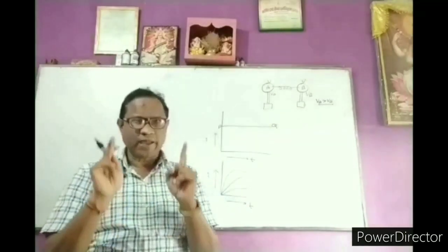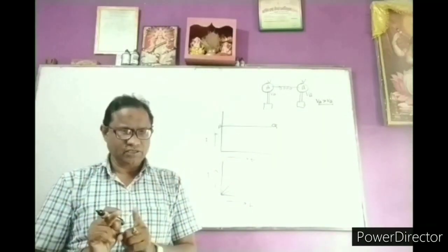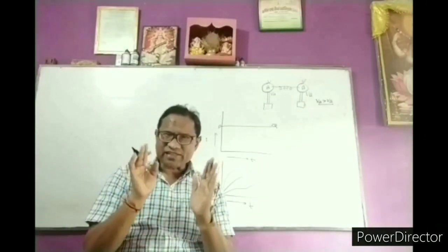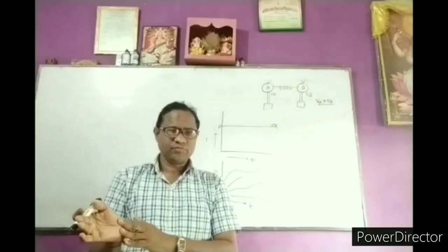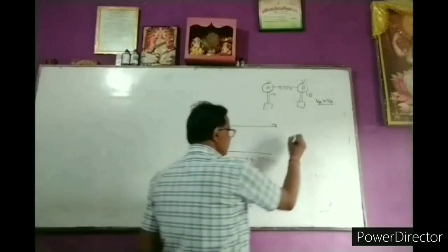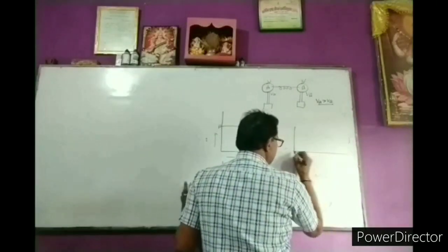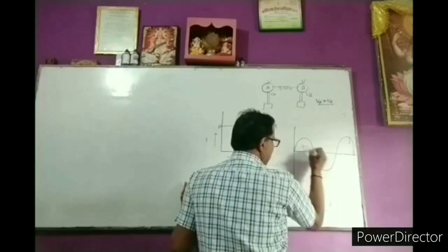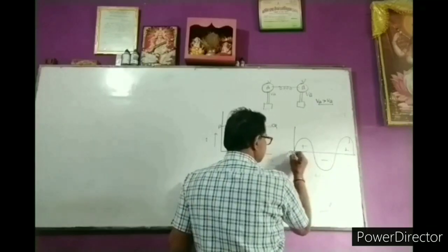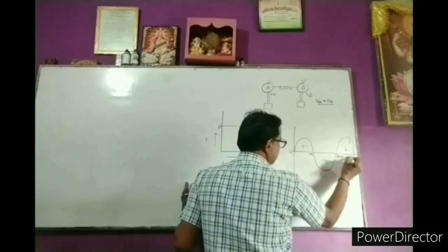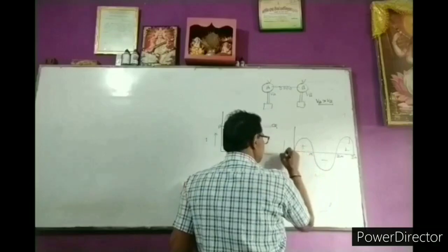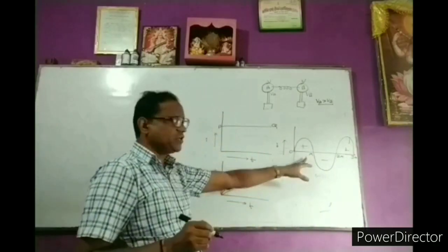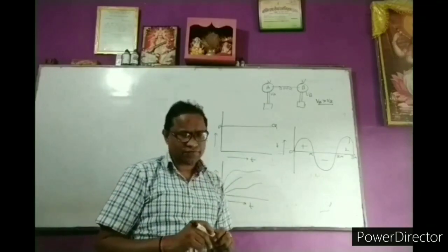The current whose magnitude changes continuously and its polarity reverses periodically. So alternating current is represented by this graph.